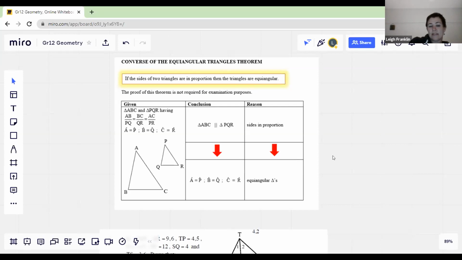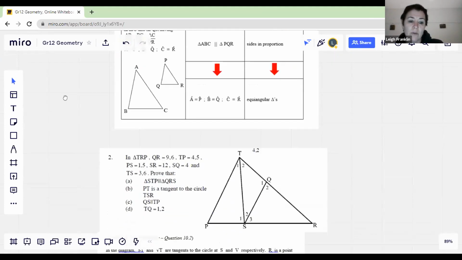Angle B, second and second, equals angle Q. Third and third, angle C equals angle R. So here we've proved it by sides in proportion, and the deduction is that those angles would be equal. Do you see how these two are the converse of one another? They work in opposite ways. Either we prove angle, angle, angle, and then deduce that the sides are in proportion, or like we've just done, we prove that the sides are in proportion, and then deduce that the angles are equal. Both of those prove that triangles are similar.